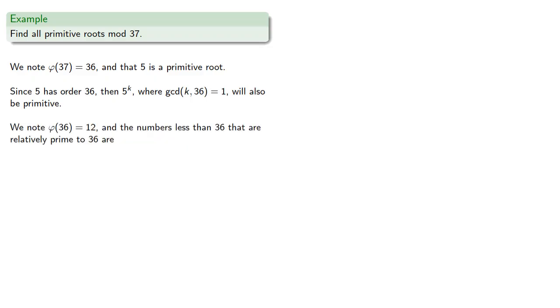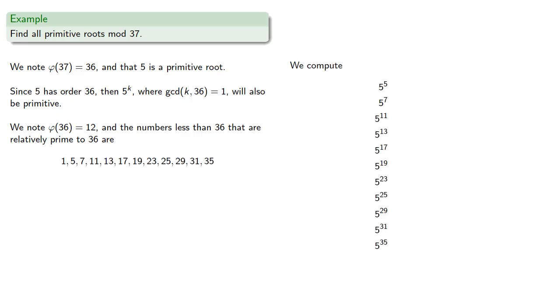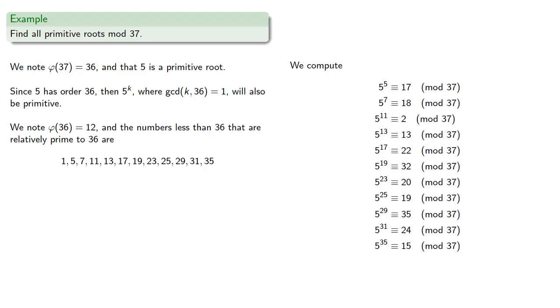We note that phi of 36 is 12, and the numbers less than 36 that are relatively prime to 36 are listed, and so the primitive roots will be 5 raised to each of these powers. And we find, which is our list of primitive roots.